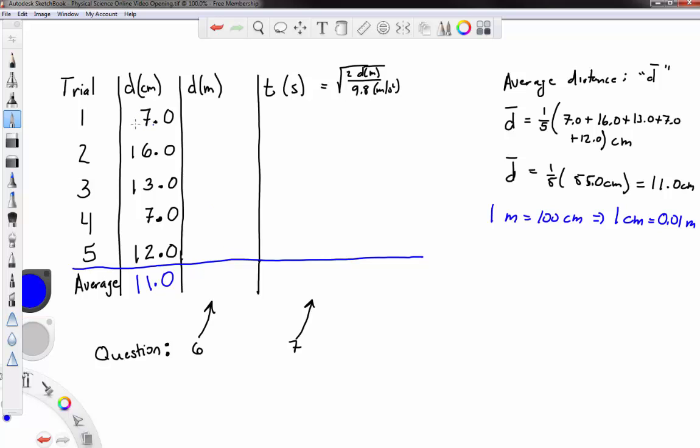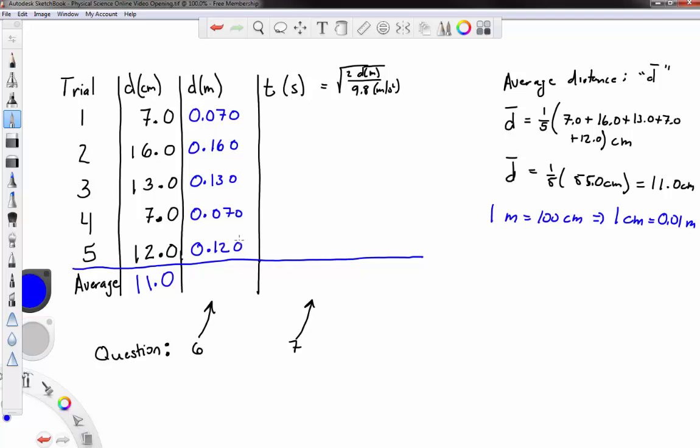All right, so that means that 7 centimeters must be 0.070 in the meter scale. This is 0.160, 0.130, 0.070, and 0.120.